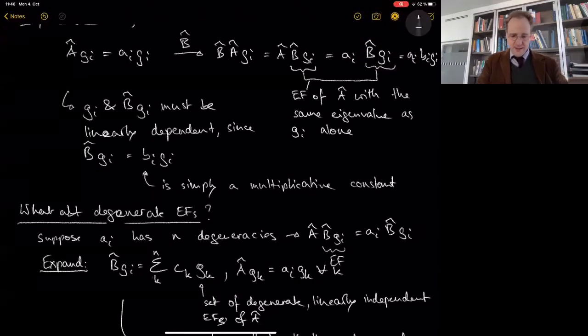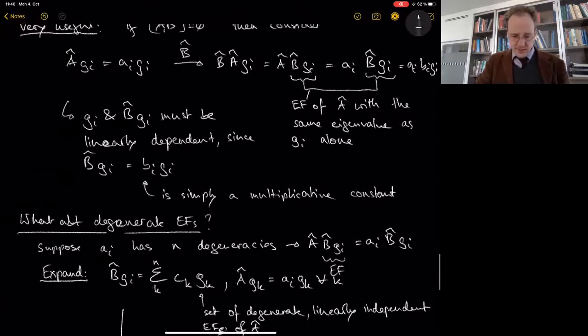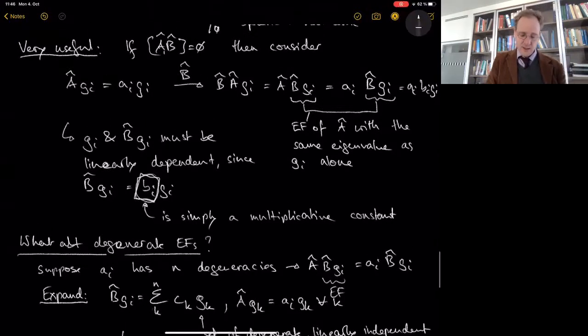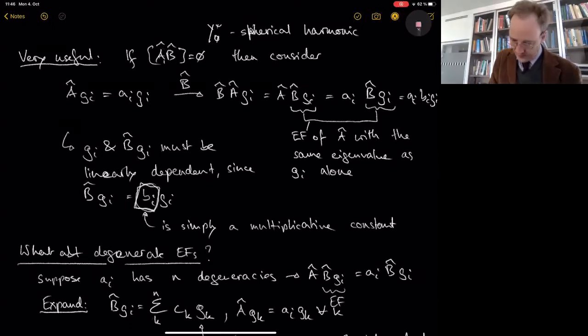So what you have here, this BI prefactor here, this eigenvalue, just corresponds to, and you compare this and you put it in here.